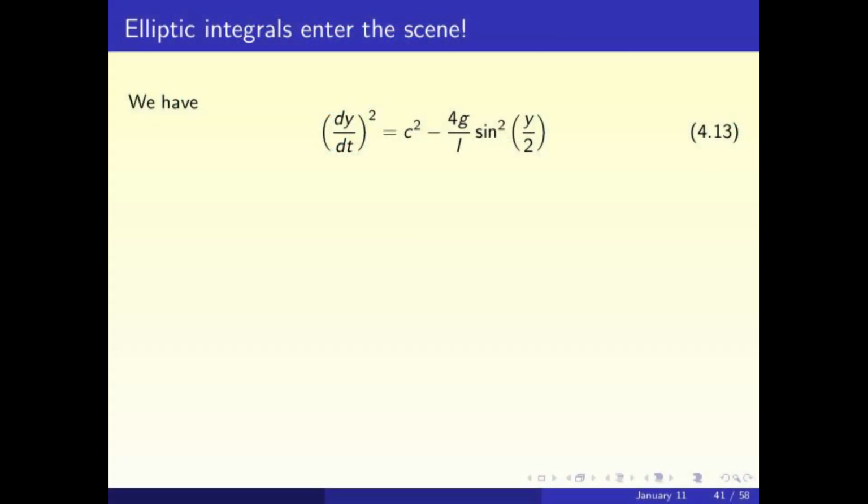So, we have dy by dt the whole squared equals c squared minus 4g by L sine squared y by 2.